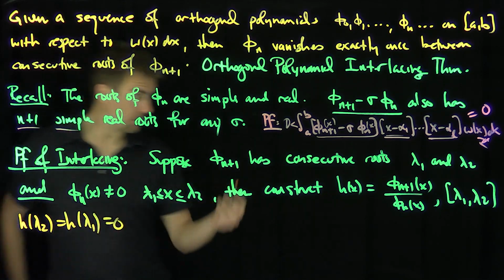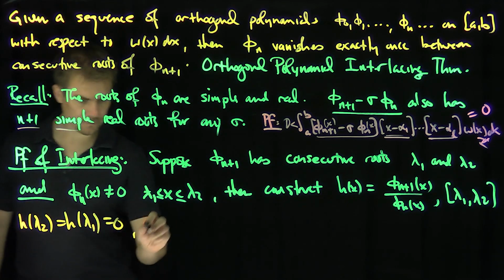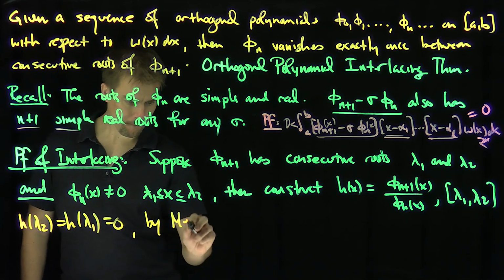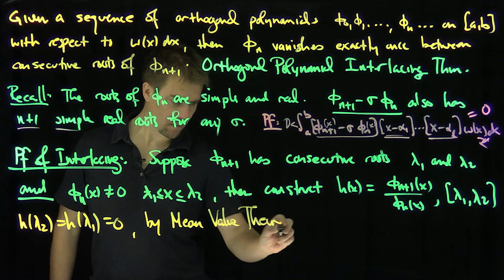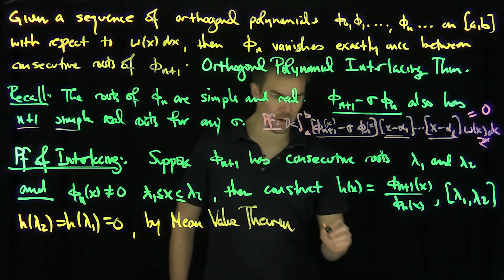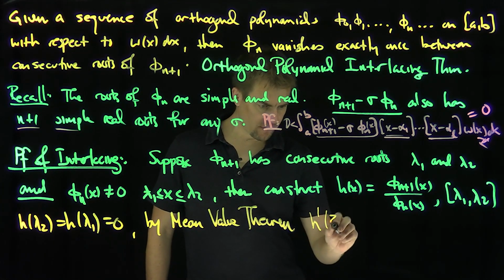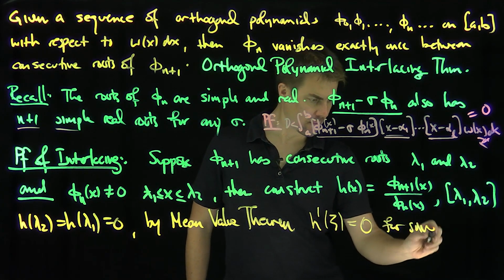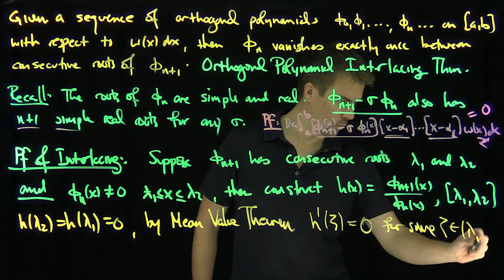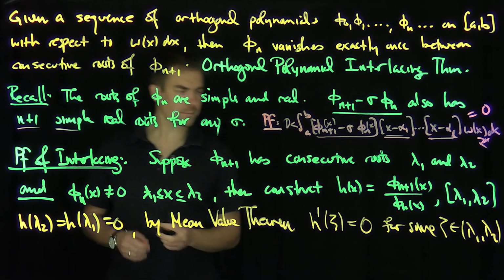So by the mean value theorem, h prime of zeta is equal to 0 for some zeta in the open interval lambda 1 to lambda 2, okay?